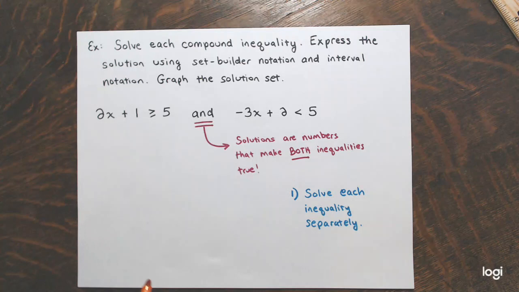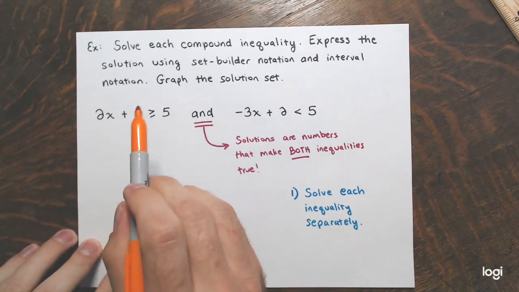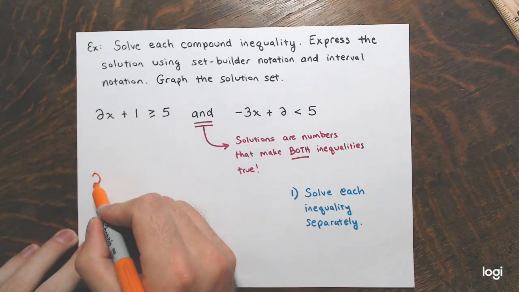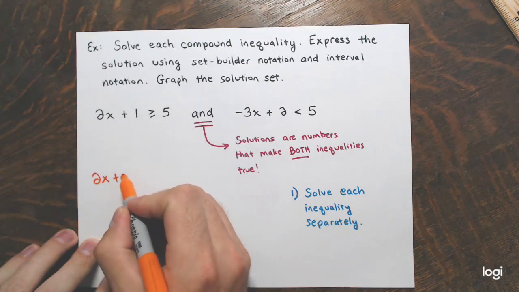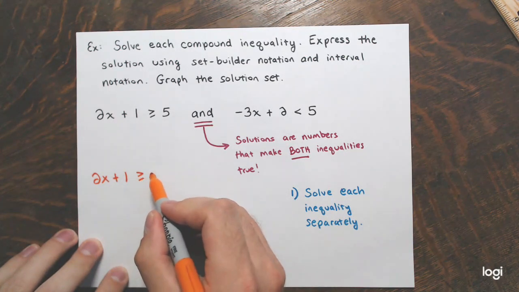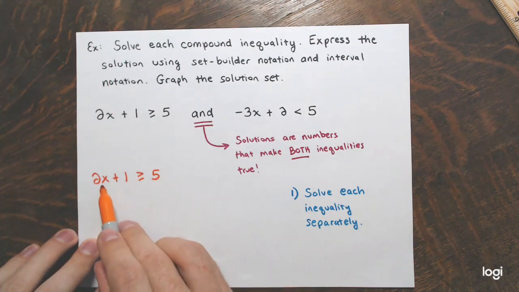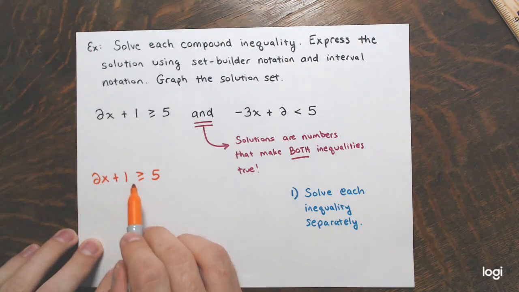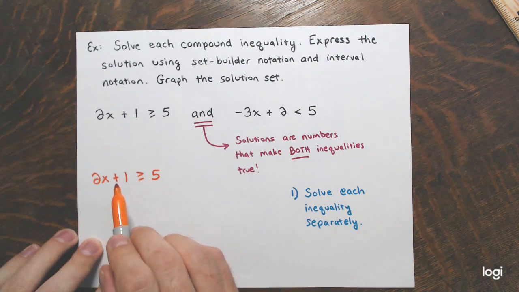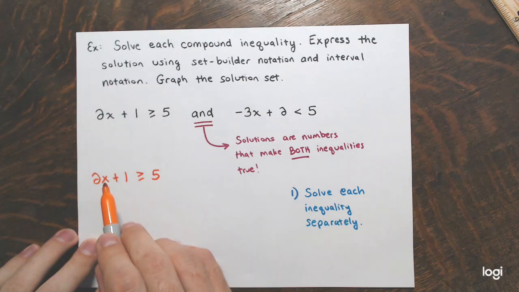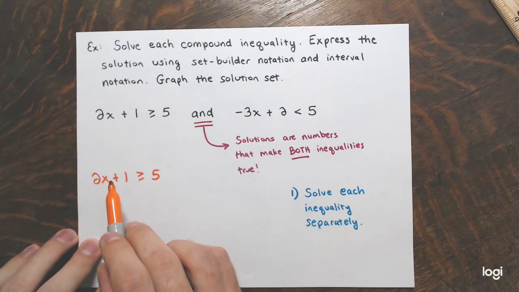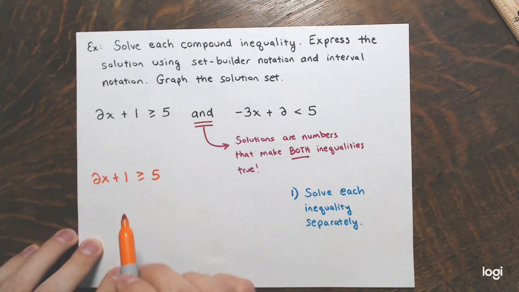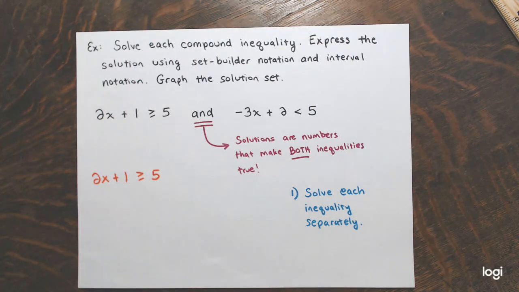Alright, so this inequality I'll do in this orange color. So we have 2x plus 1 is greater than or equal to 5, and I'm trying to find the numbers that I can replace x with to make this a true statement. Solving a linear inequality is really not that much different than solving a linear equation.